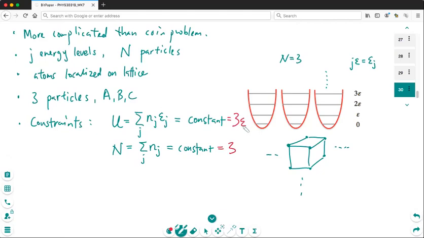I can set it to other numbers. This is just for you to guess what you get by writing everything down. Just like you wrote down the case of the coin, the most probable macrostate corresponds to the one with half heads and half tails. If you do the same, you will be able to guess some kind of distribution.